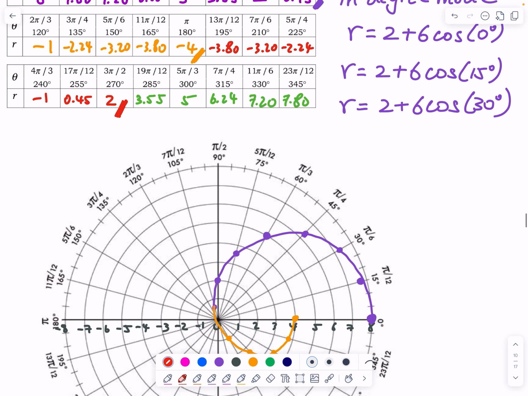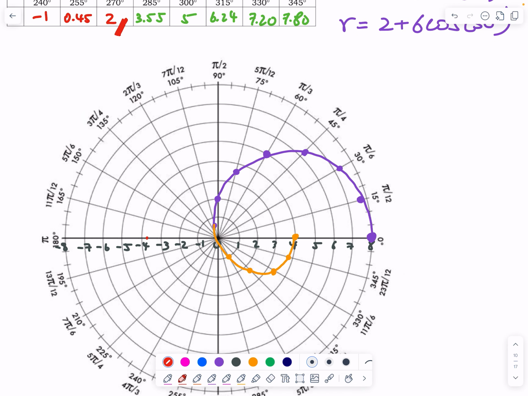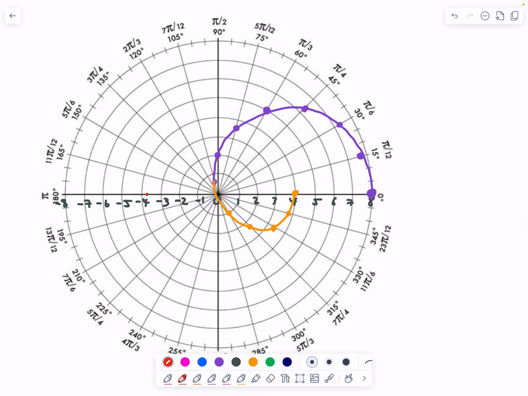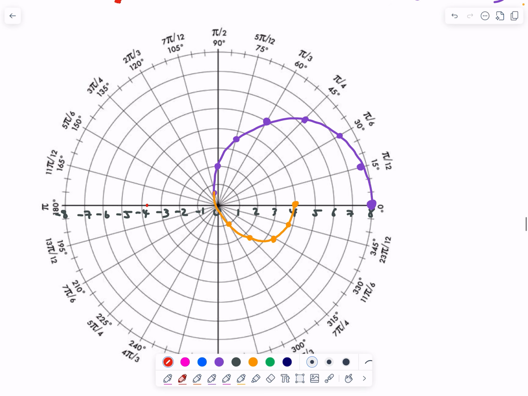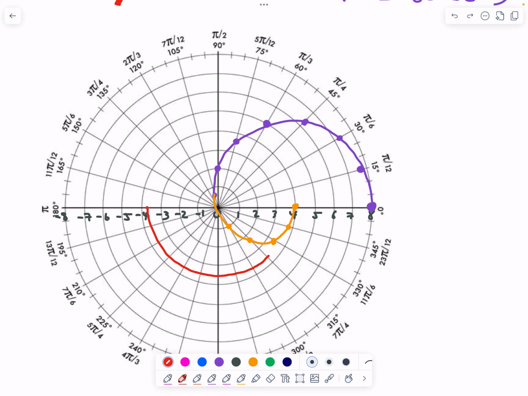Negative 3.8, 195 degrees. So negative 3.8 is right here. 195 is you have to go 2 quadrants and then plus 1 step. Okay, then I will just go 2 quadrants plus another step. So that will be right here.